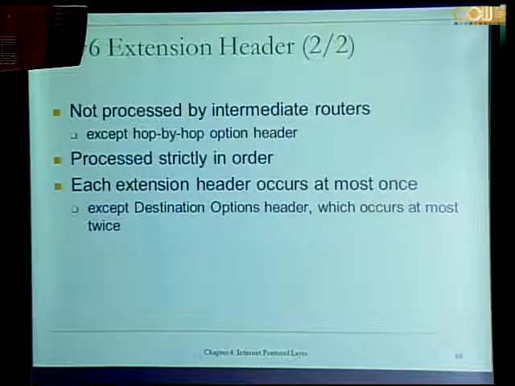What it wants to do is to simplify the processing at the routers, so that the router can be fast, and put the complexity to the end host. Each of these extension headers would occur at most once, but there's one exception, which is the destination option header, which could occur at most twice.